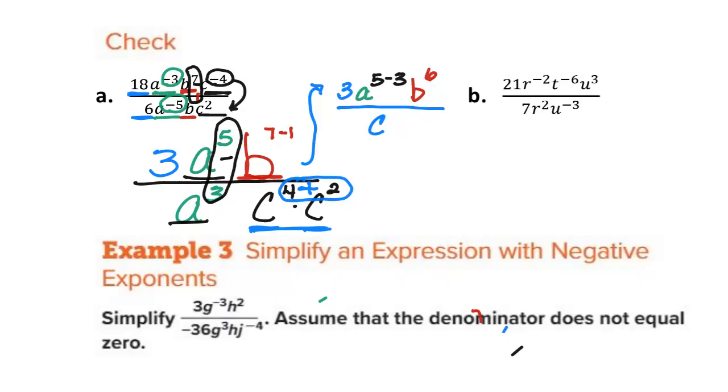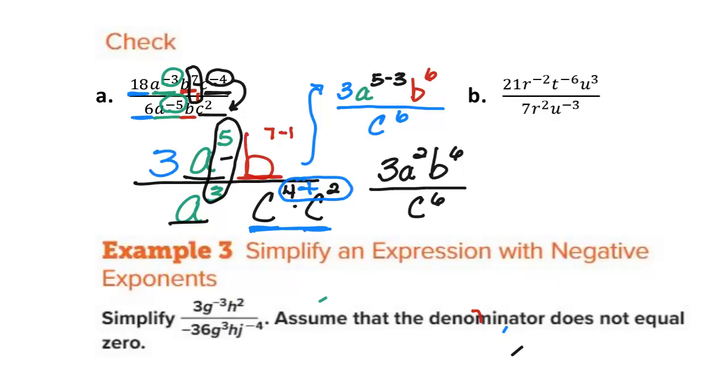So 4 plus 2 is c to the 6th. All right, we're almost done. So just clean it up. That's going to be 3, a to the 2nd, b to the 6th, all divided by c to the 6th power.